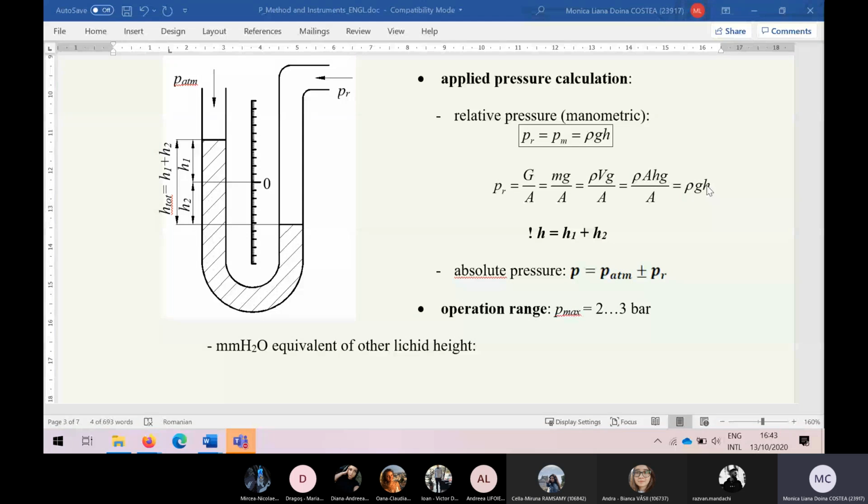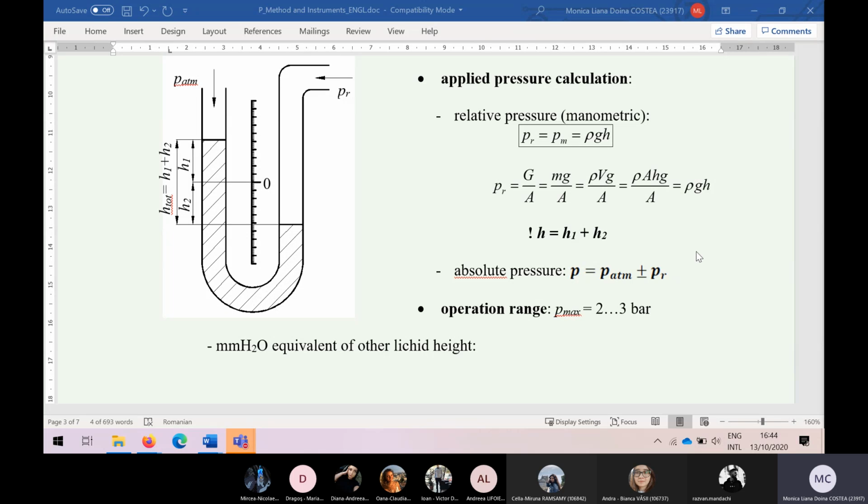make a trade-off between density and height. If we need high height for a small pressure, we will use, as you said, a liquid with small density. Comparing the density of water with that of mercury, there is a quite huge difference.